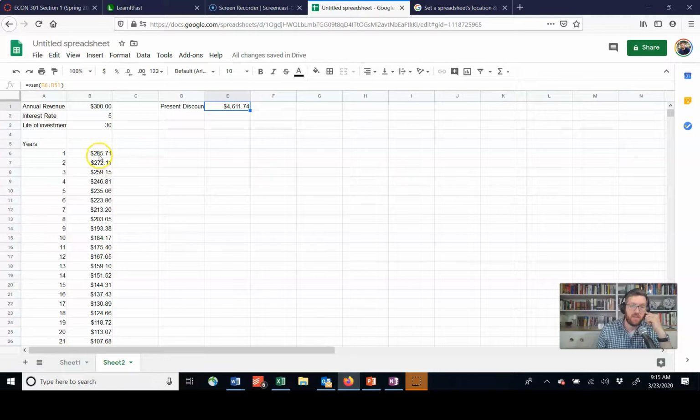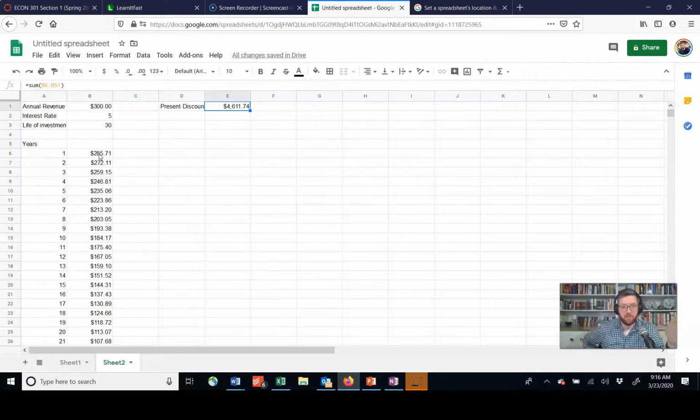What that means is that if I had $4,611.74, I could take that money, invest it at 5%, and that would earn exactly enough money for me to pay myself $300 every year, okay? Which is the same thing I would be saving from this investment. And then at the end of the 30th year, this investment would be completely exhausted, okay?